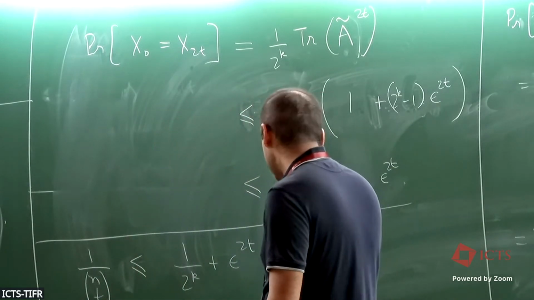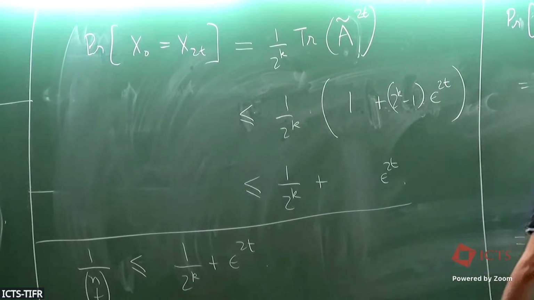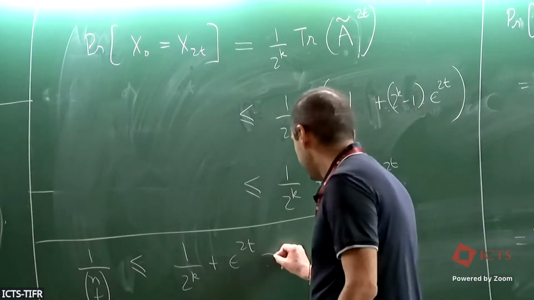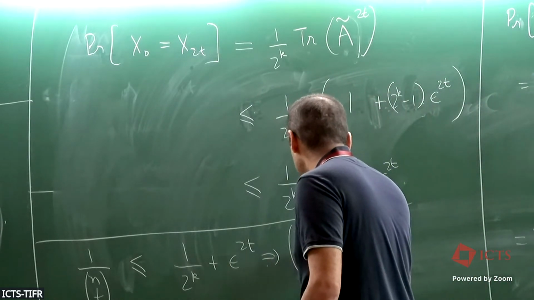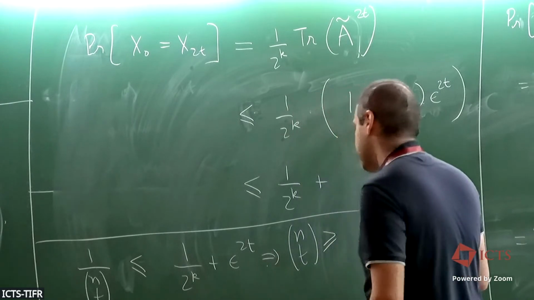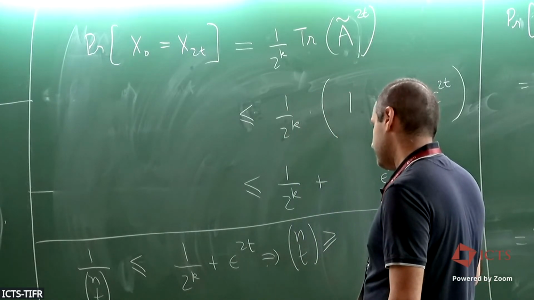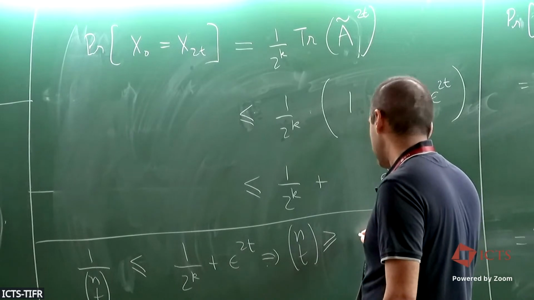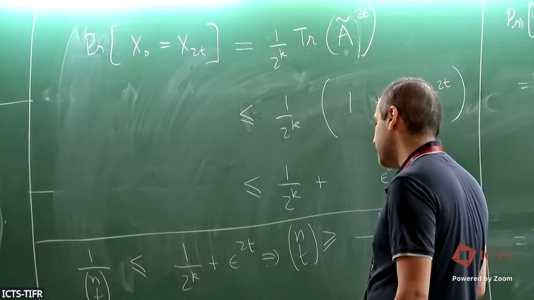And so that means n choose t is at least that inverse.